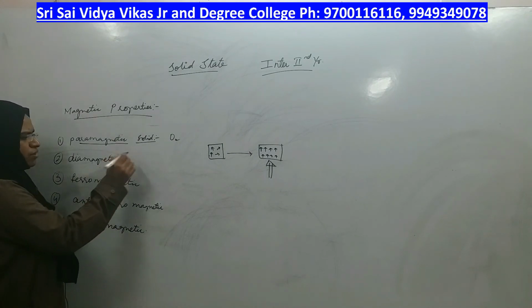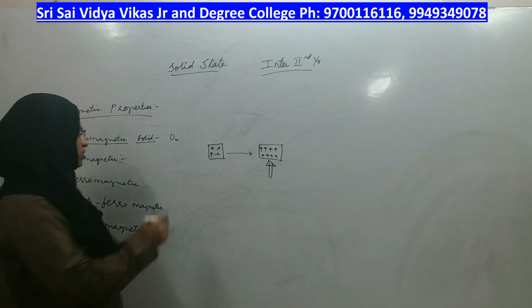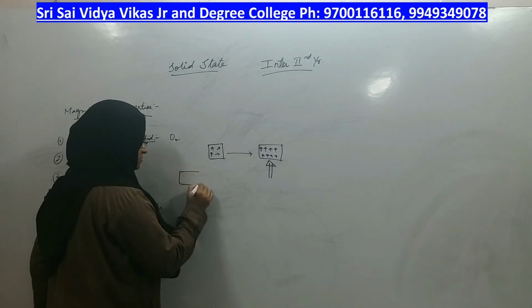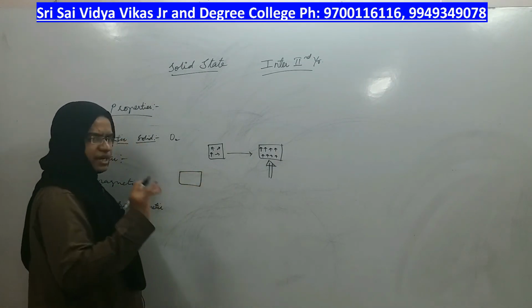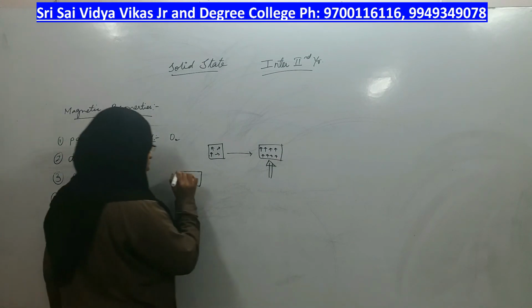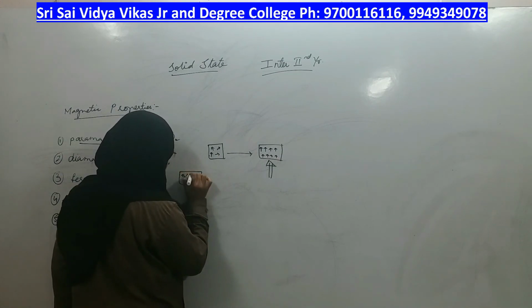Coming to the other type of arrangement, the substances in which unpaired electrons are not present, all the electrons are paired.